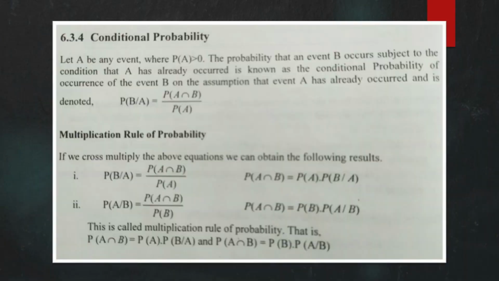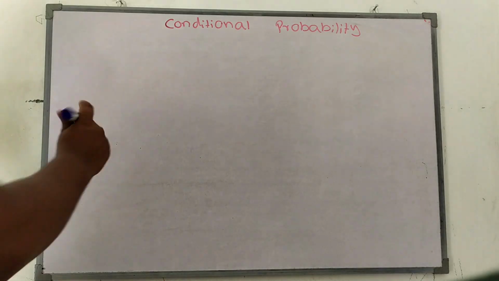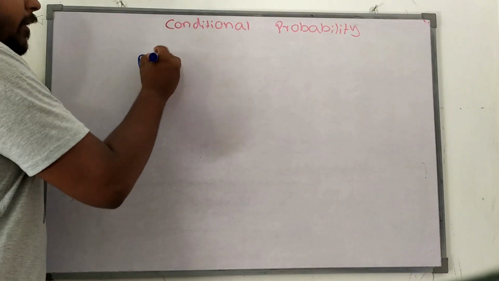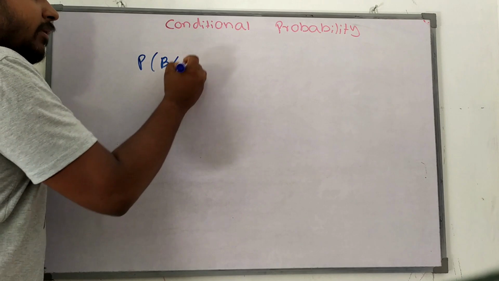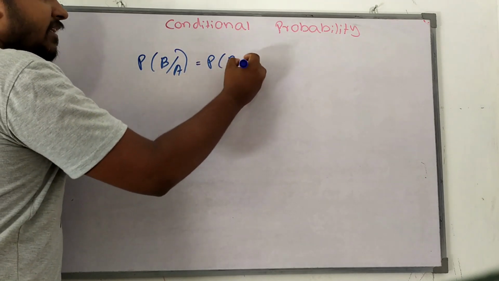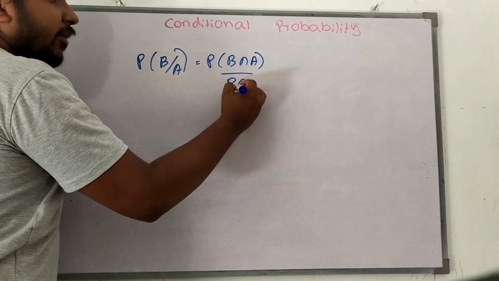Next is the multiplication rule of probability. What is the multiplication rule? If we cross multiply the above equation, we can obtain the following result: P(B|A) times P(A) equals P(A intersection B). I will show it. Assume A and B are two events. P(B|A) means P(B intersection A) over P(A), no?